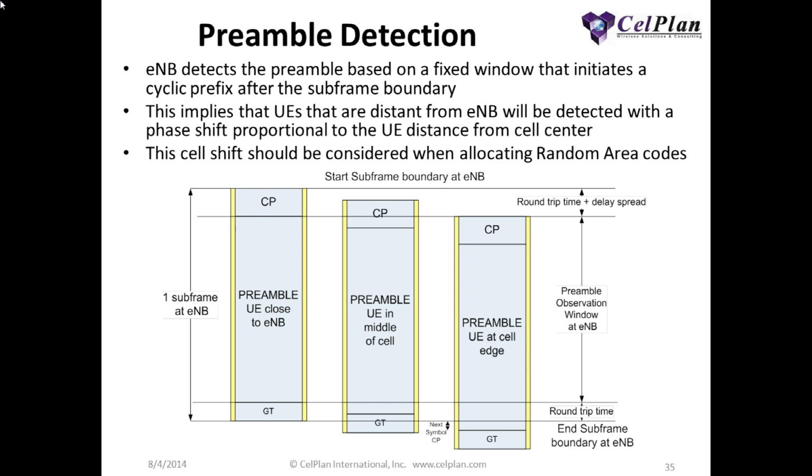One thing that I need to stress is how the preamble detection is done. This is very, very important if you want to understand how you have to dimension random access parameters going forward.